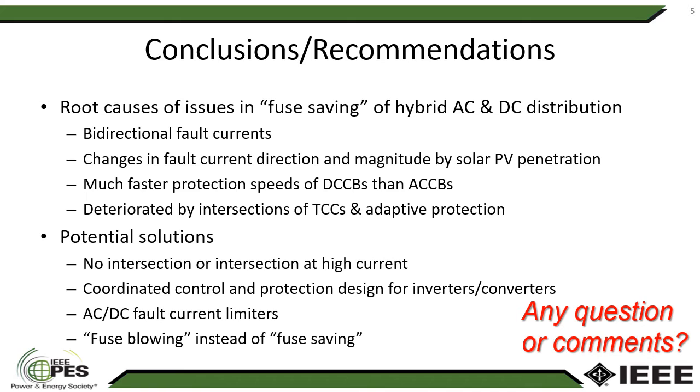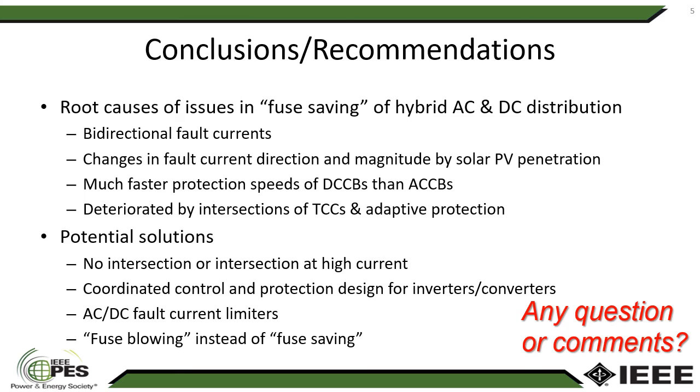To summarize, these are the reasons causing protection issues in fuse saving protection of hybrid AC and DC distribution. The first one is bidirectional fault currents caused by solar PV integration. The second one is different fault current direction and magnitude flowing through protection devices than the original designed values.